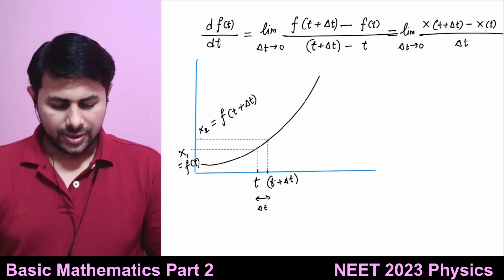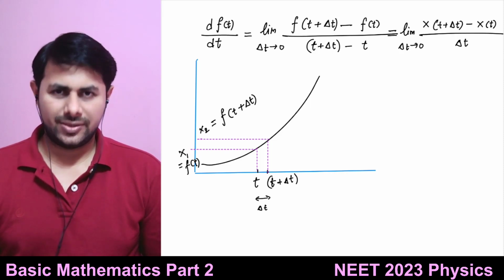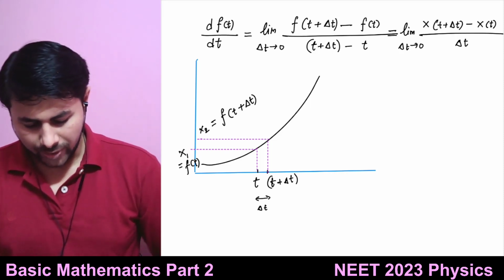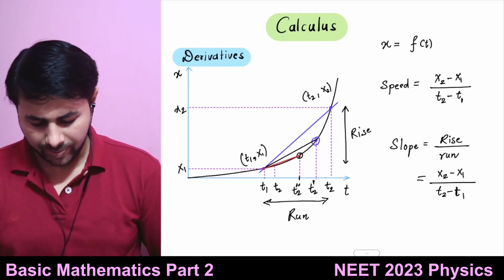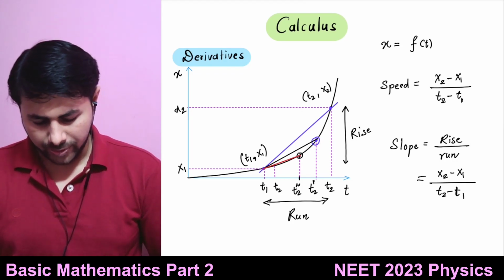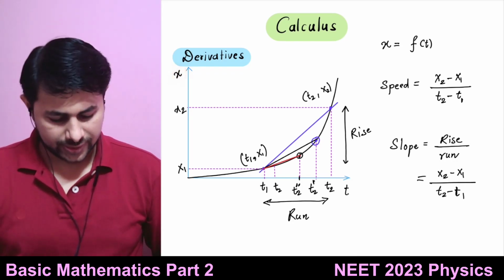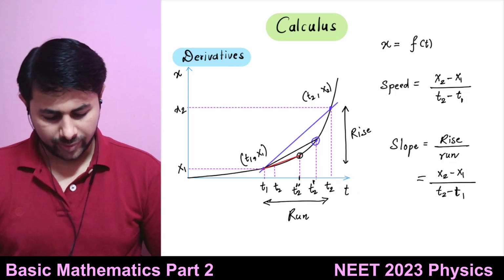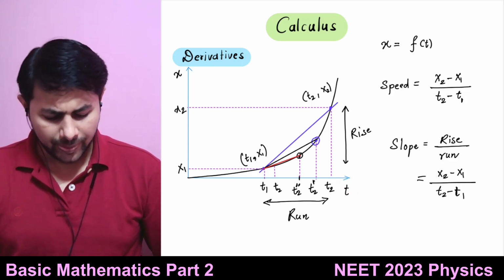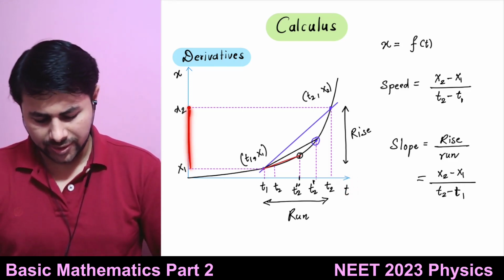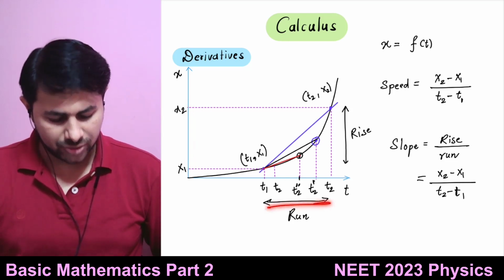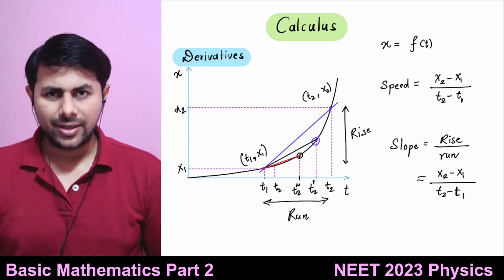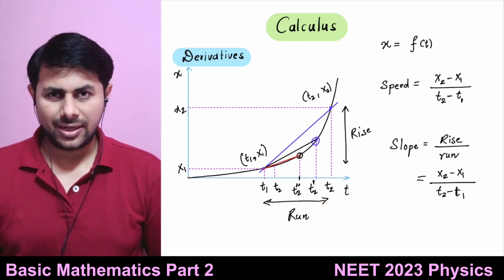Now in terms of physics, we have taken this example where we are plotting the position on the vertical axis and time on the horizontal axis. If I find the change in position divided by the change in time, what do I get? I get the average speed, right?